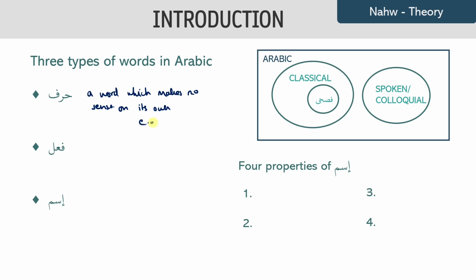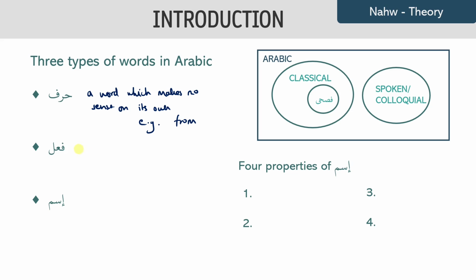For example, the word from. You can't just say from what, from where. You have to have something else with it in order to create a phrase that at the very least makes sense, even though the sense isn't complete. The phrase is not going to be complete, but it will make some kind of sense. But the word from on its own makes no sense.